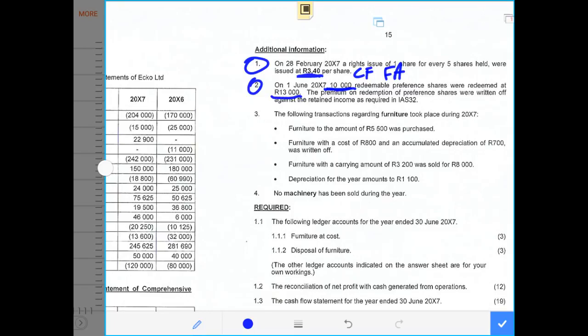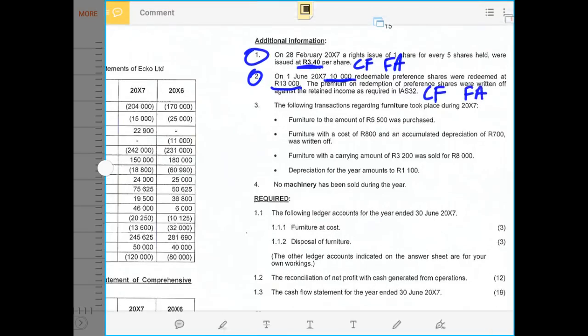Meaning if they had told you that 10,000 preference shares were redeemed at a premium of a certain amount, you would have to take into account the capital plus the premium, and that will be the total redemption that affects the cash flow. So this again is a cash flow from financing activities.